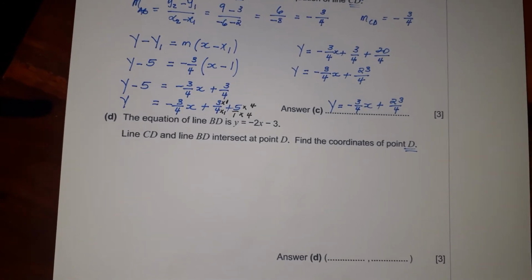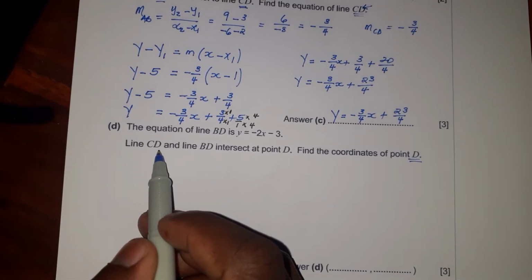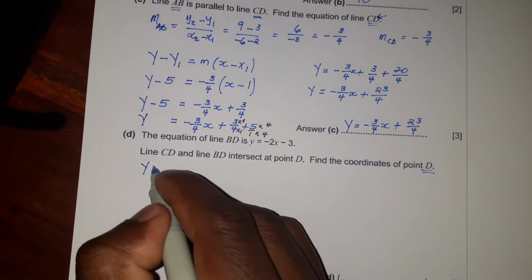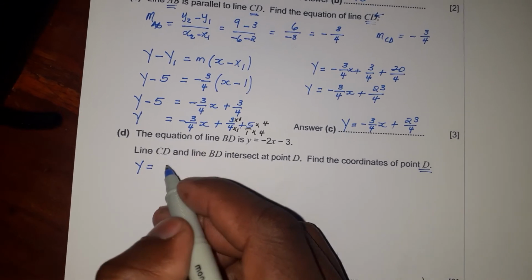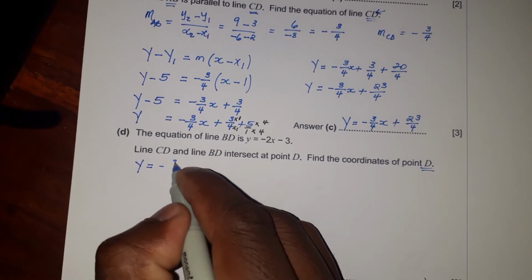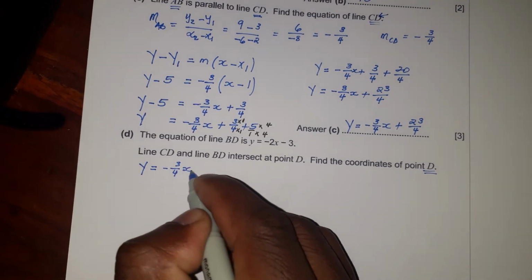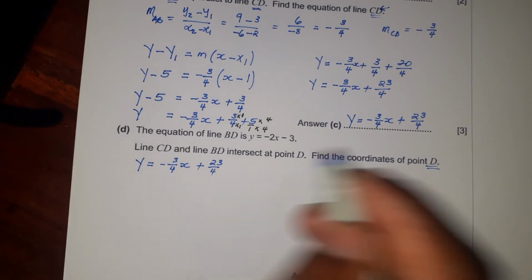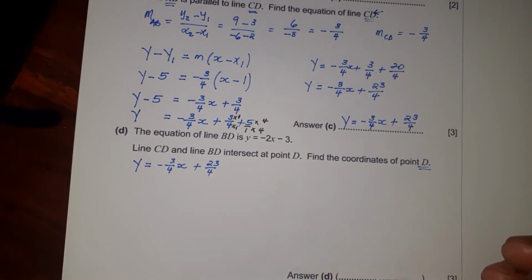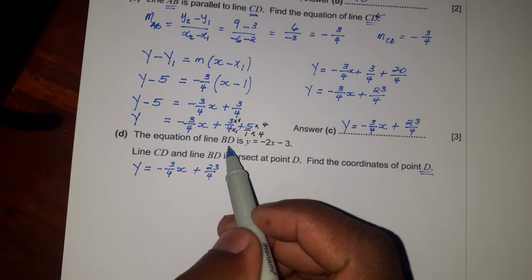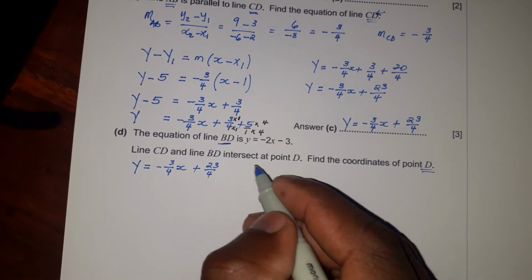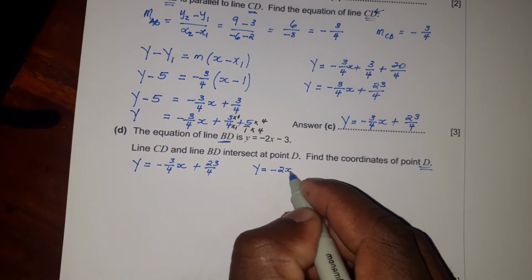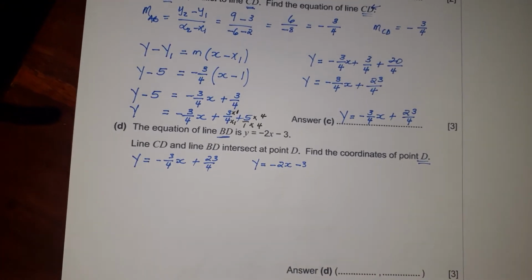What we know is that the line CD, we have y equals negative 3 over 4 x plus 23 over 4, while the equation of line BD, we have y equals negative 2x minus 3.